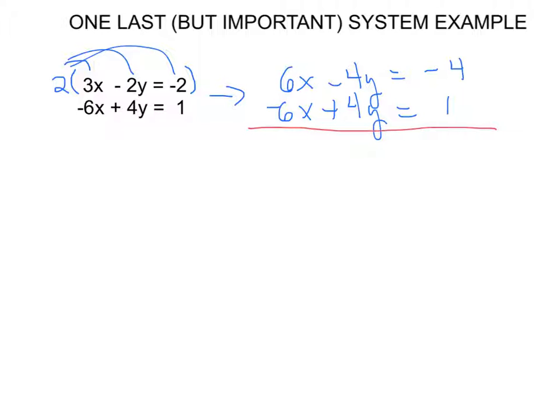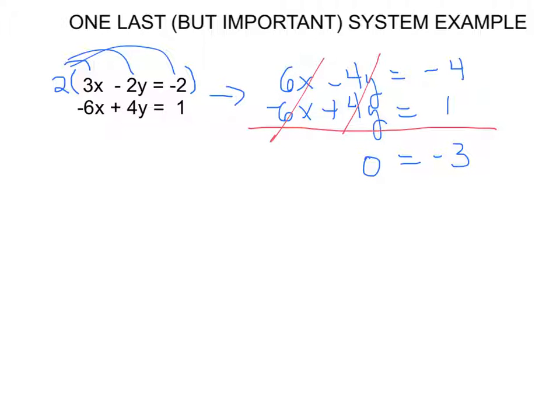But this is how this example is different from most other examples that you see, and that is when you go to add the equations together, the x's disappear, but the y's also disappear, leaving you with 0 is equal to negative 3. So the question becomes, how do I find a solution if my x's and my y's both disappear?